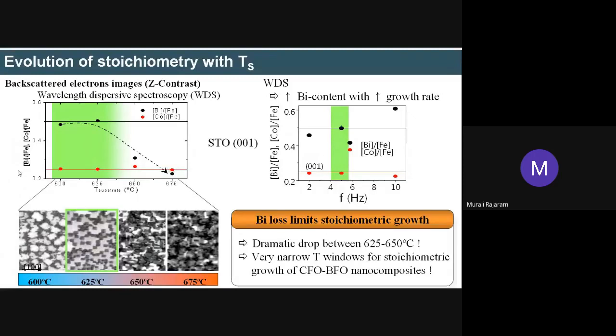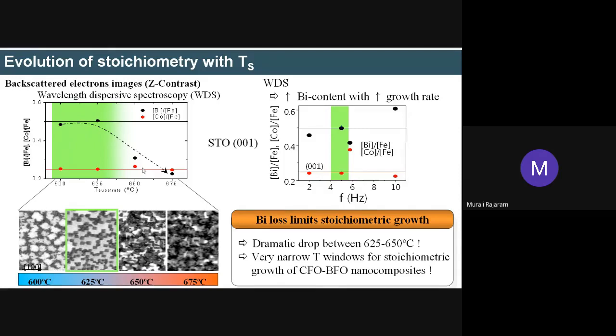But on the other hand, the bismuth to iron ratio suddenly drops around 650, because bismuth is one of the highly volatile elements. So if you increase the temperature, you will lose bismuth, and your film will have a very low bismuth content. So the bismuth to iron ratio will decrease.